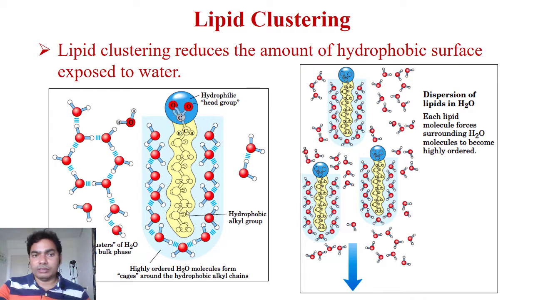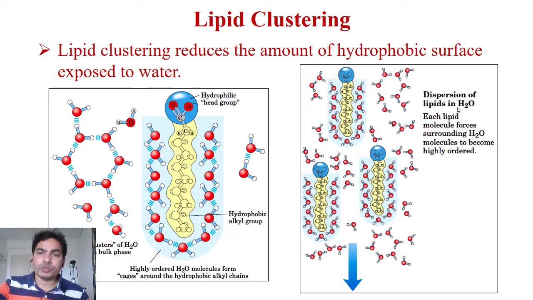In normal conditions, there is a flickering cluster of H2O molecules in the bulk phase. But when there is an addition of any lipid, around that fatty acid chain there are highly ordered water molecules.